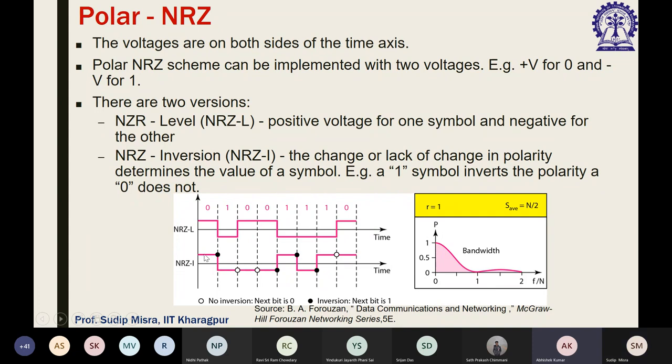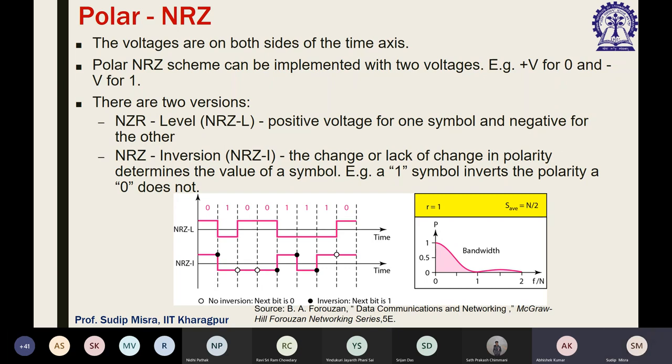So 0, plus V volt. When 1 is encountered, the polarity is inverted like this. 0 is encountered, no inversion of polarity. Again 0 is encountered, no inversion of polarity. 1 is encountered, so inversion of polarity. Again 1 is encountered, inversion of polarity. Again 1 is encountered, inversion of polarity. 0 is encountered, no inversion of polarity. So this is how the NRZ-I scheme works.